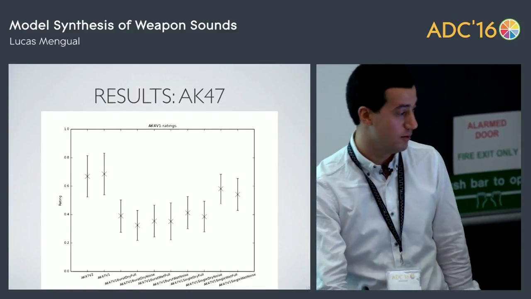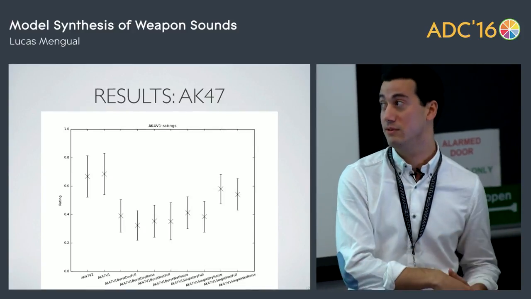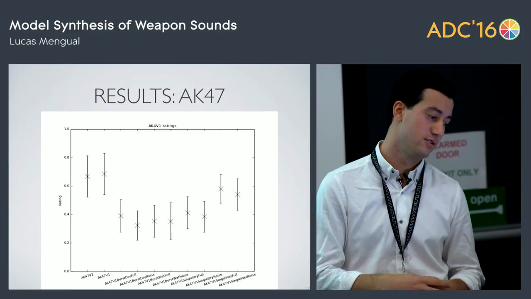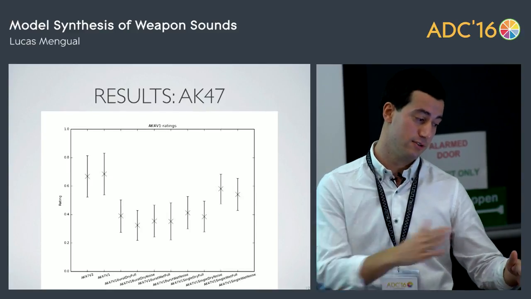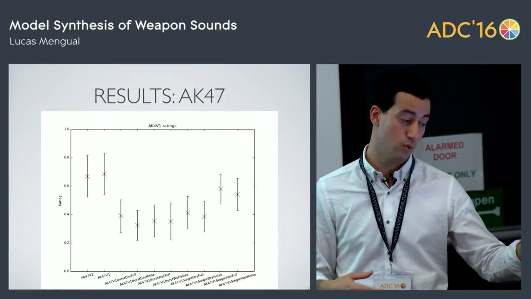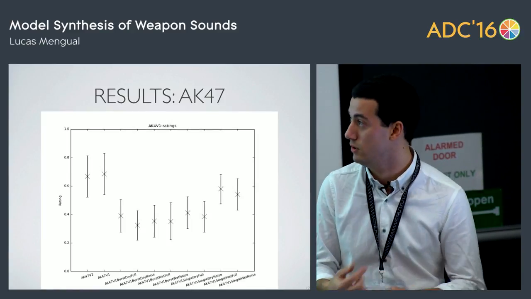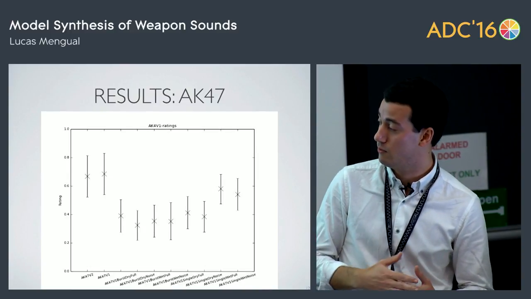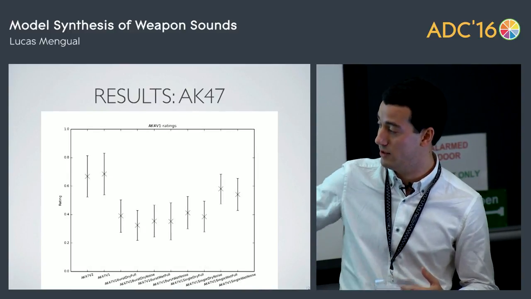Okay, the results. For the first weapon, the AK-47, you can see on the left the first 2 are the original samples, so B2 and B1 should be the opposite, but whatever. The last 2 are the processed versions, called wet.